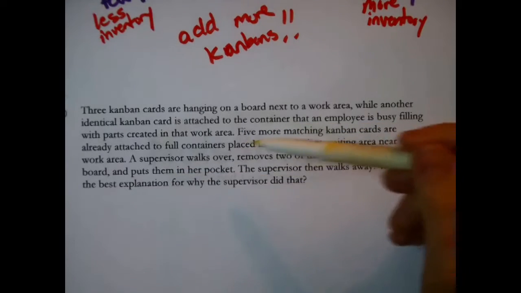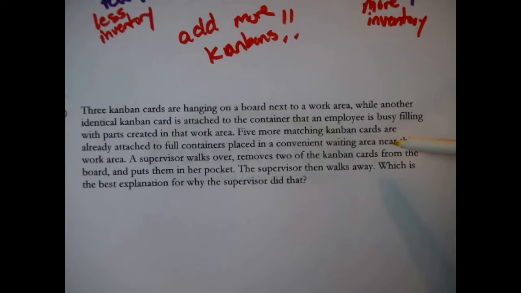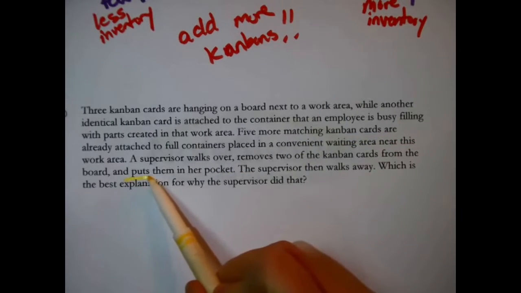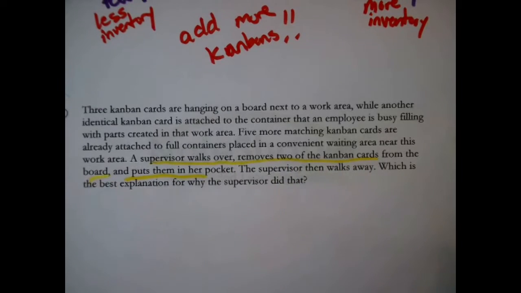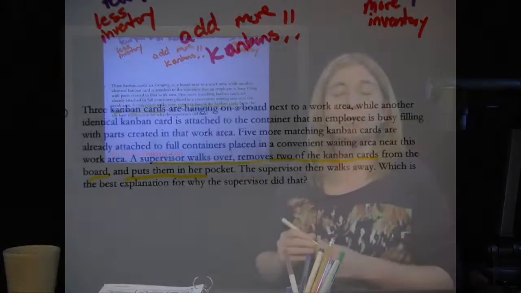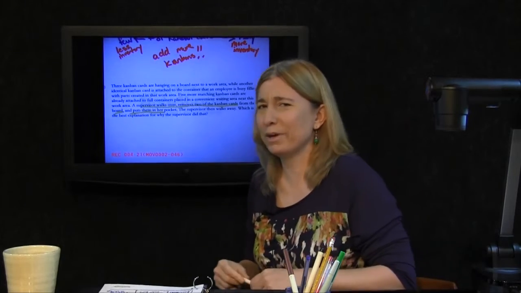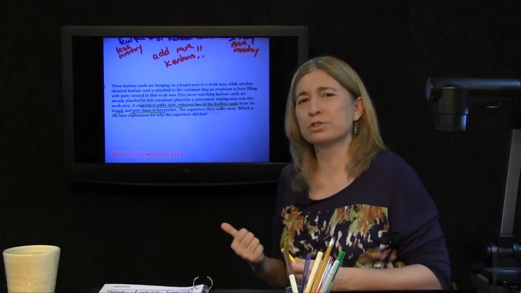A supervisor walks over, removes 2 of the Kanban cards from the board, and puts them in her pocket. The supervisor walks away. What's the best explanation for why the supervisor just did that?